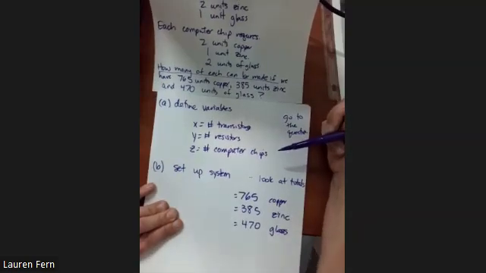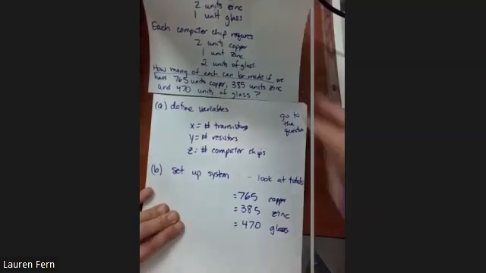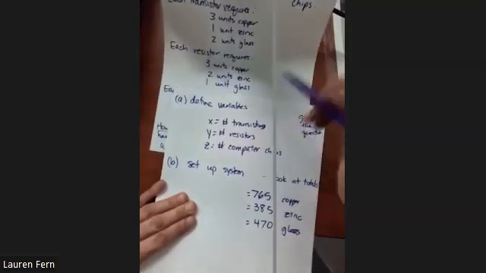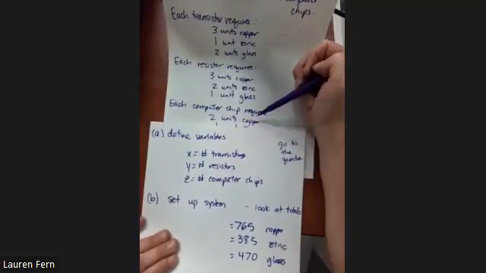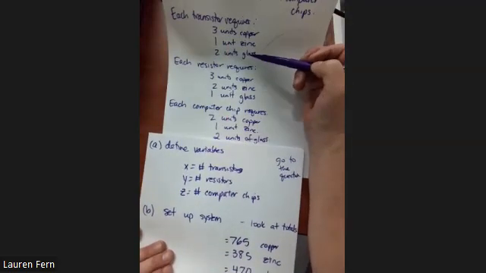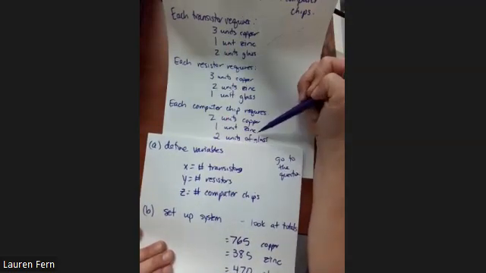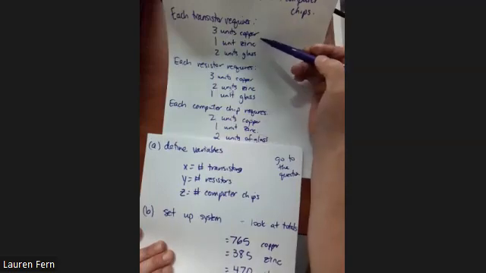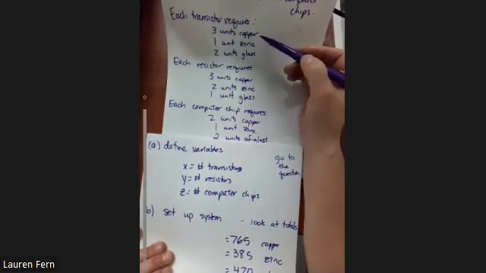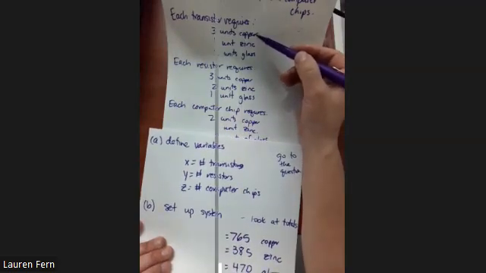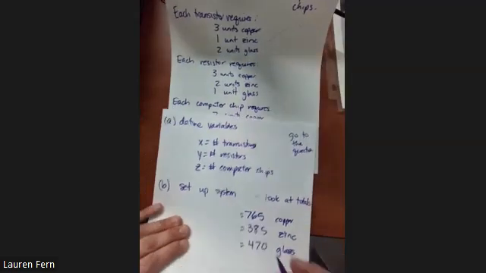So what that tells us is then that one of my equations is going to be all about copper. Another one of my equations is going to be all about zinc. And my other equation is going to be all about glass. Okay? So each transistor requires 3 units of copper.